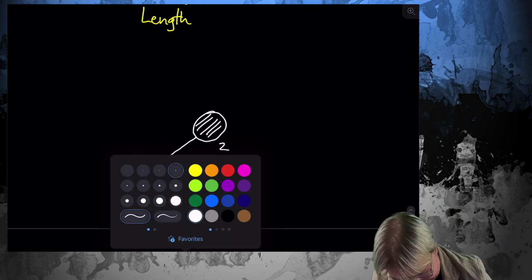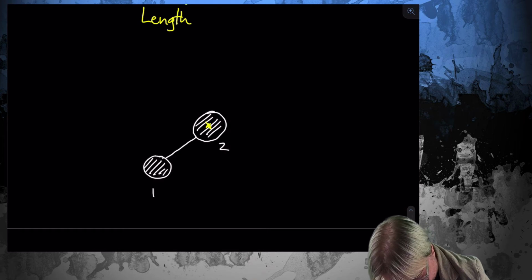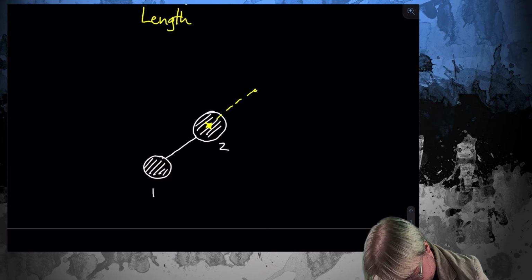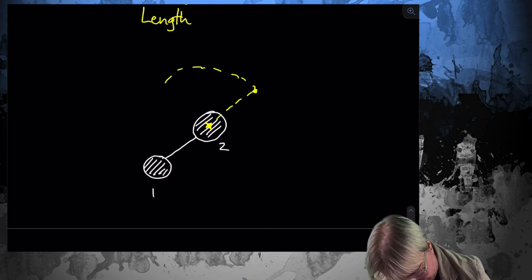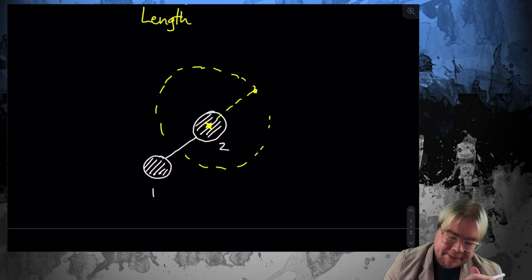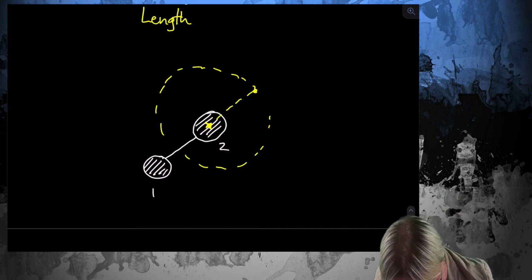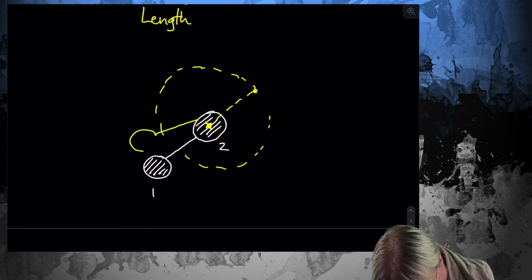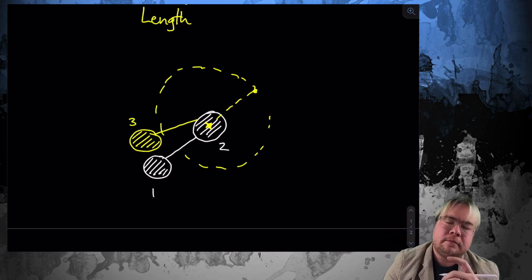So if this is the center of that monomer, and this is the bond length, then the monomer could be along any position here. And if I drew it to scale a little bit more, one option is that the third monomer could be right here, right?